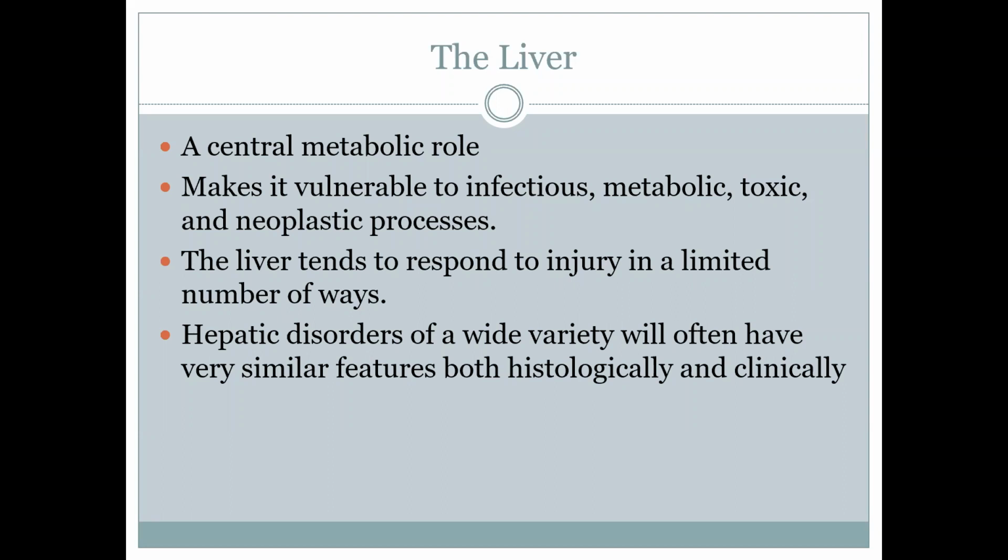Now that makes the differentiation between what caused the injury of the liver a little bit tricky, because you're going to be having the same kind of result, whatever is the cause. Okay. Now we will be talking about the kinds of responses to injury by the liver cells in this lecture.